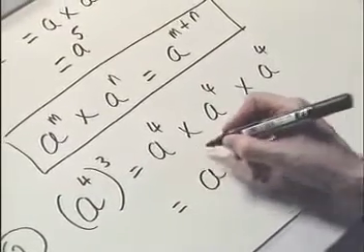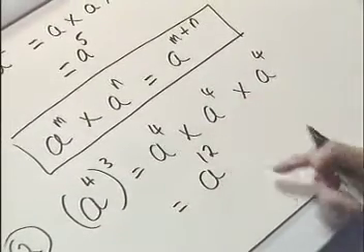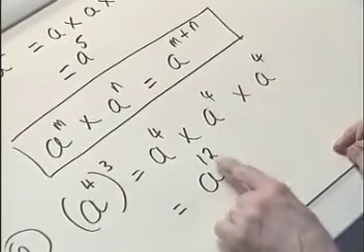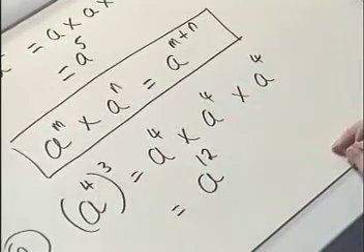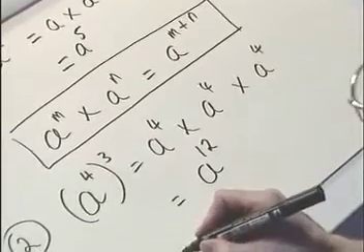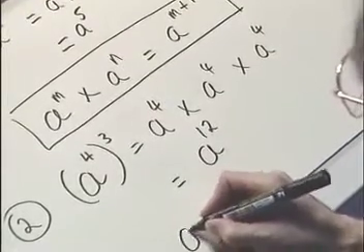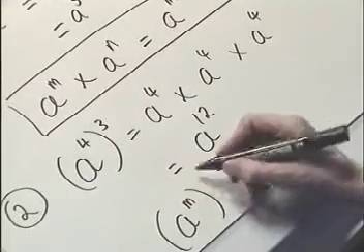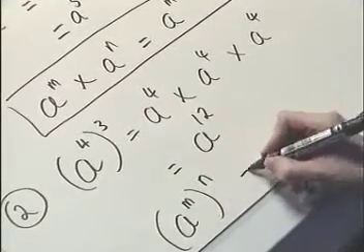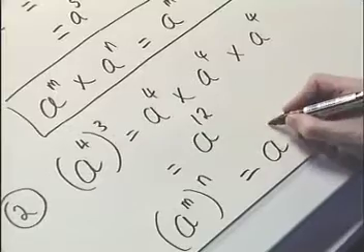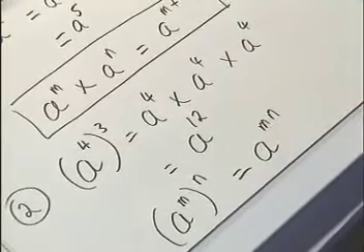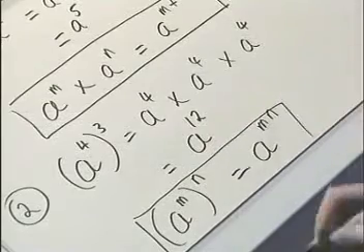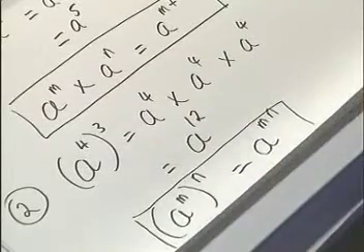So that's a to the power 12. 4 plus 4 plus 4. But 12 is 3 times by 4. So that suggests to us that if we've got a to the power m raised to the power n, then the result we get is by multiplying those two together. And that is our second rule.